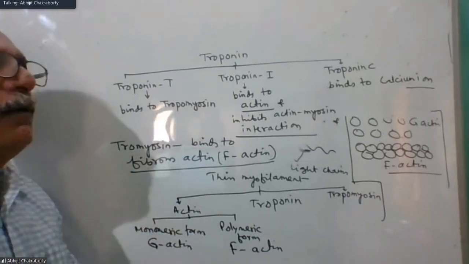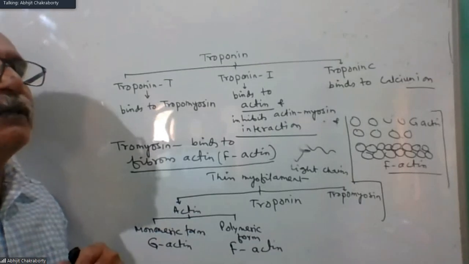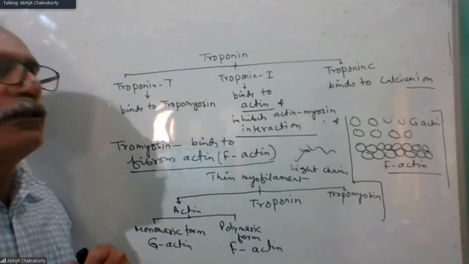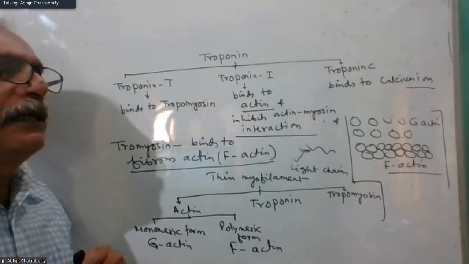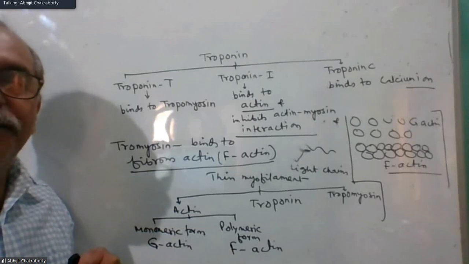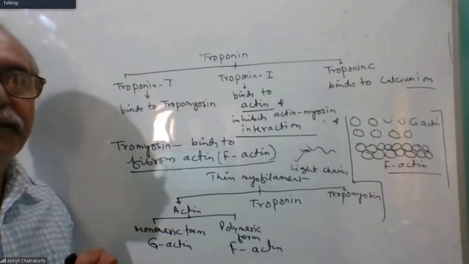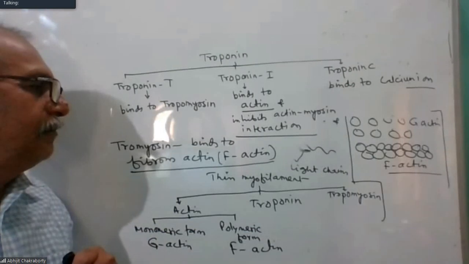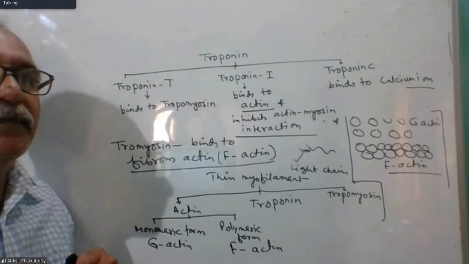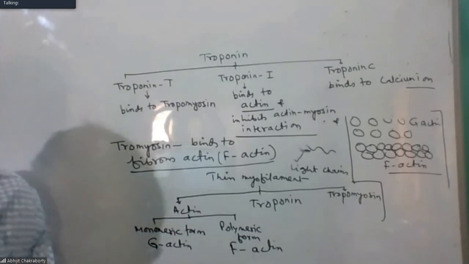Tropomyosin is found to cover the active sites or myosin binding sites of actin, and as a consequence, the myosin head cannot bind to actin. Clear?